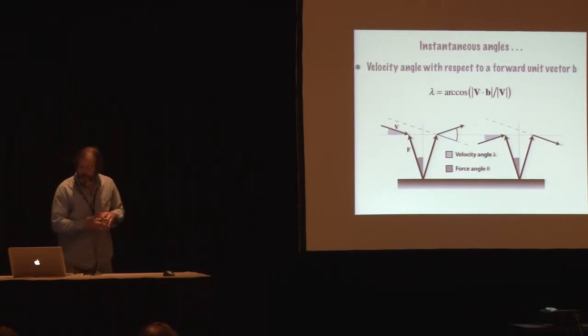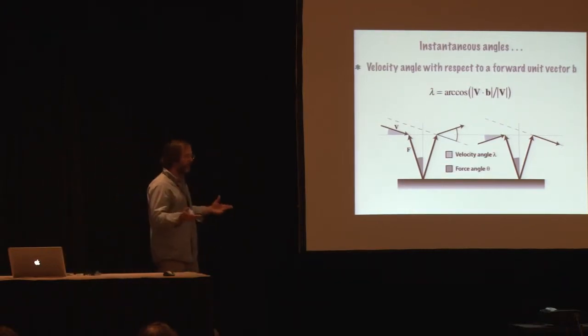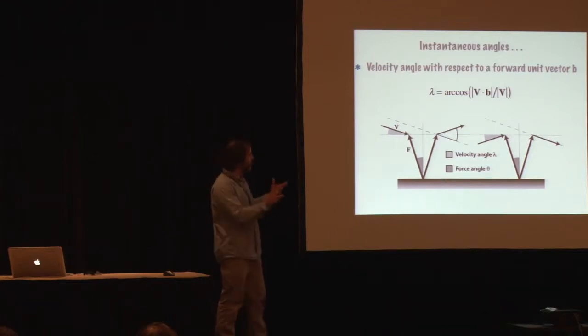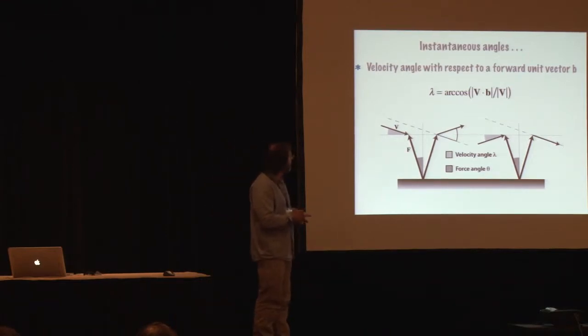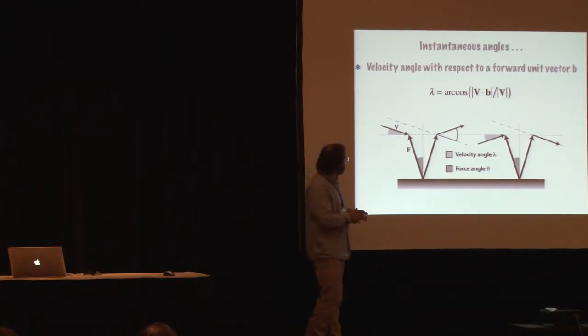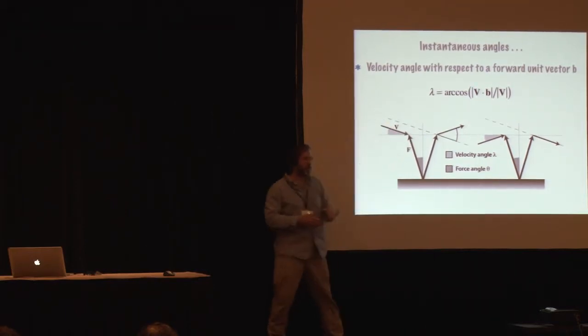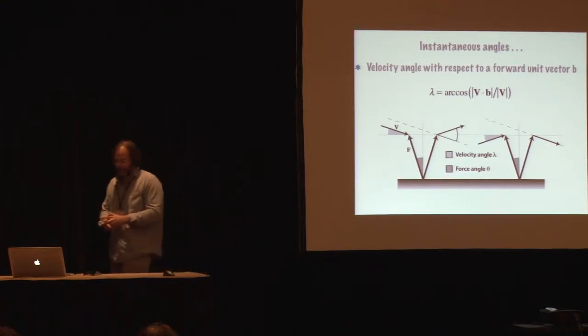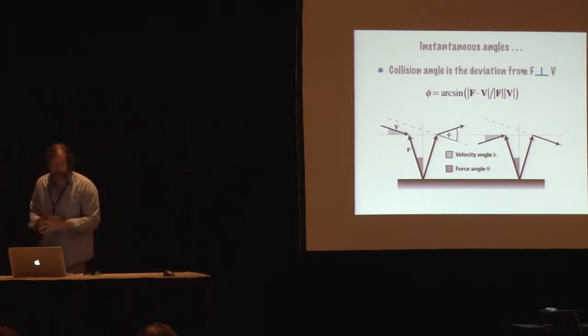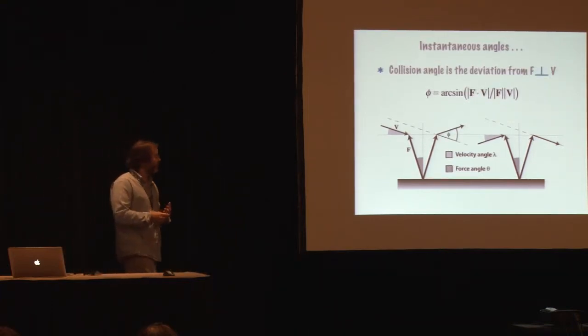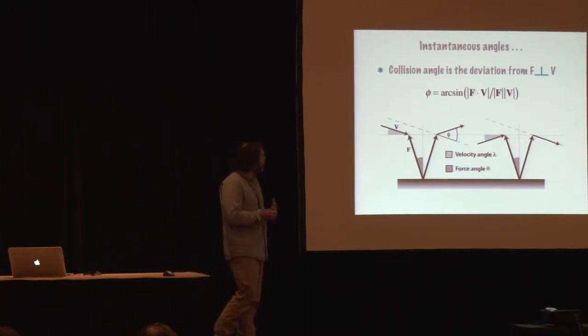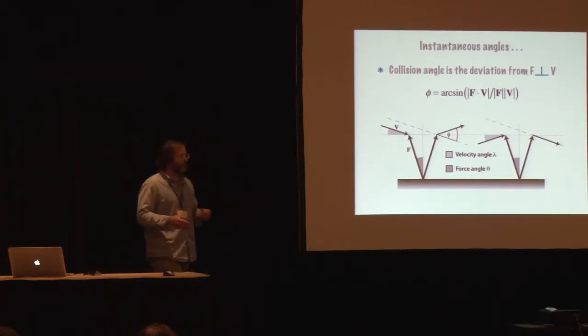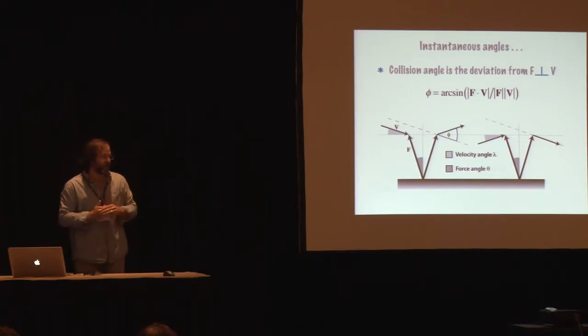The next one is the velocity angle, the other vector we're interested in locomotion, the force vector and the velocity vector. We define the velocity vector as an angle of deviation from a horizontal unit vector. And the real one we're interested in we're calling the collision angle, and it is the deviation from a perpendicular relationship of the force and velocity vectors.